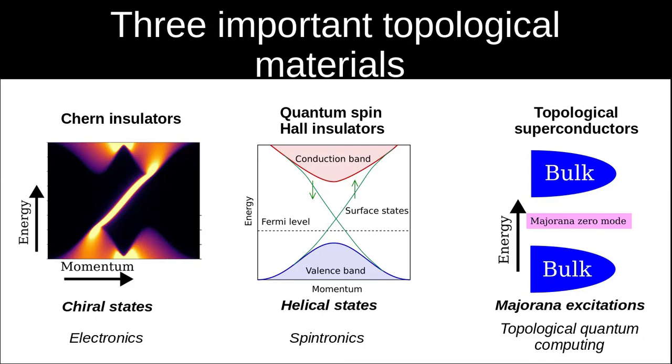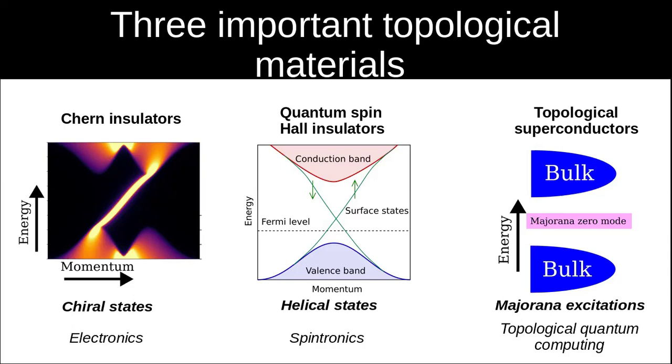There are, of course, other types of topological states, and in particular, there's one very special called the quantum spin Hall state, that in practice consists of two copies of a Chern insulator. You can think that you have one Chern insulator for spin up, and then you have the opposite Chern insulator for spin down.